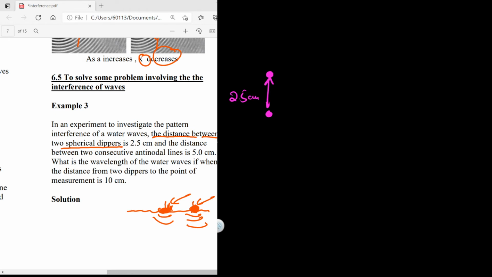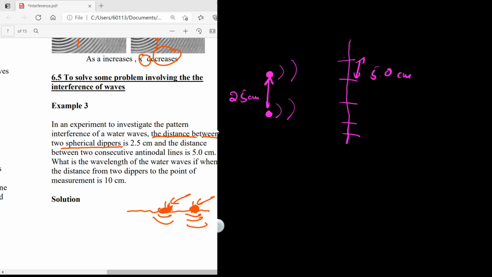And once it produces waves, it will produce lines, and at the detector line we can see antinodal lines. The distance between two consecutive antinodal lines is 5 cm.